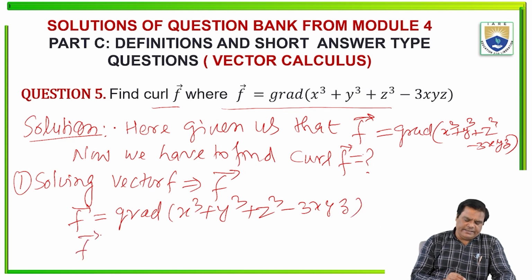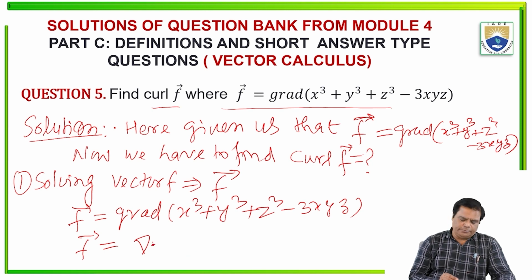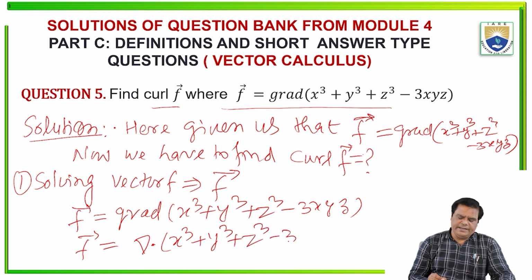So f vector is equal to del dot. Grad means del dot x cube plus y cube plus z cube minus 3xyz.